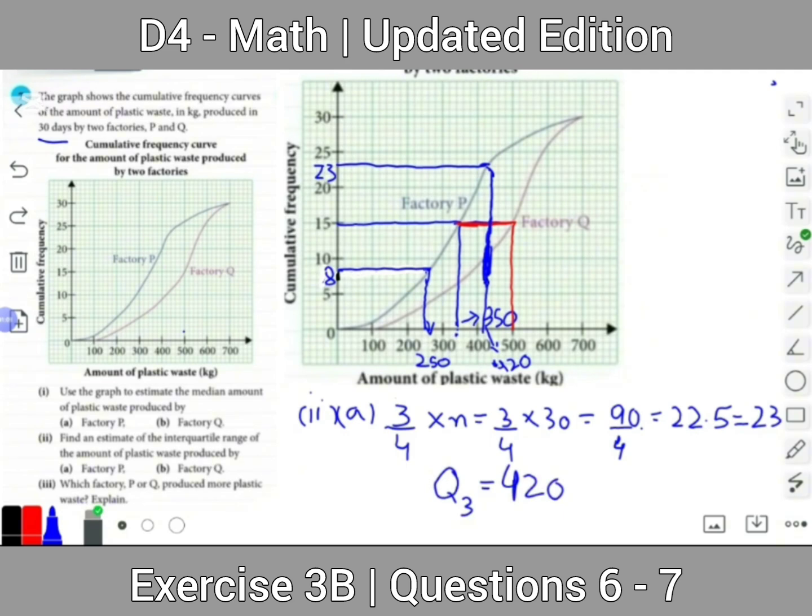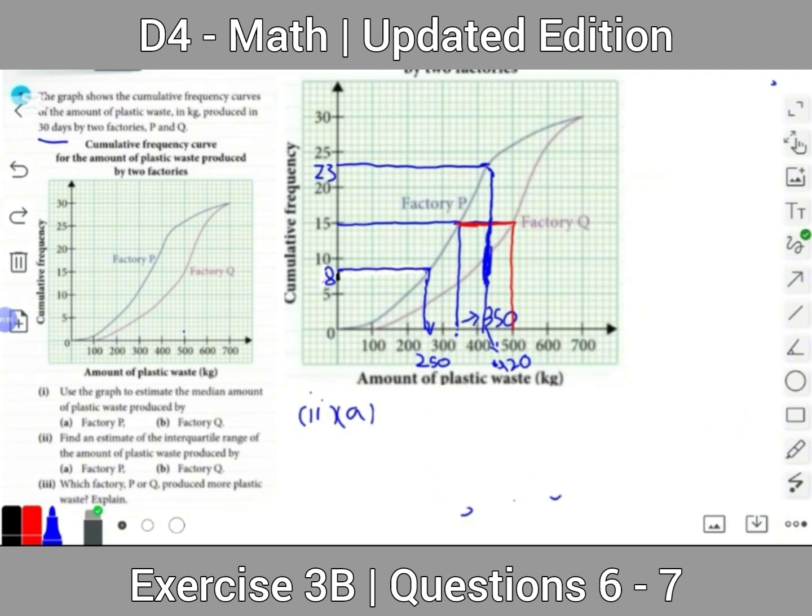Now to find the estimated interquartile range of the amount of plastic waste produced by factory P, it is equal to Q3 minus Q1, and it will be equal to 420 minus 250, which is equal to 170 kg.